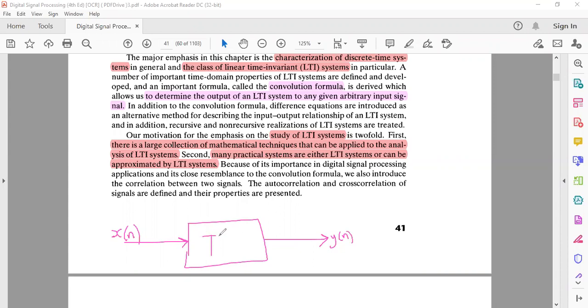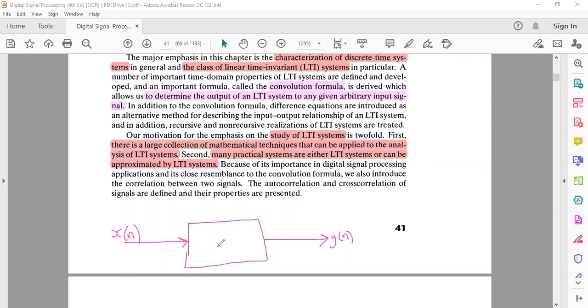If I say the system effects a transformation T, it means that your y[n] is actually a result of the transformation on the input. What if the transformation was also a signal?